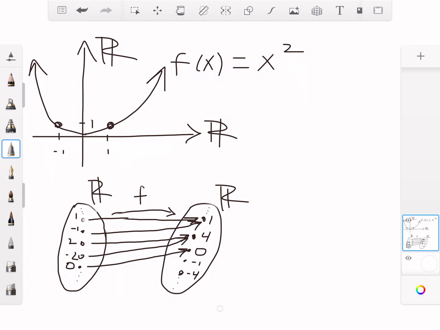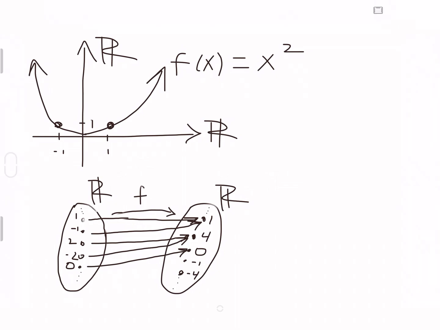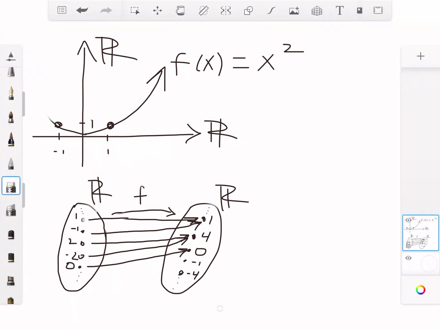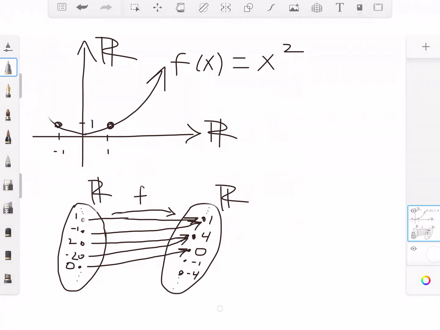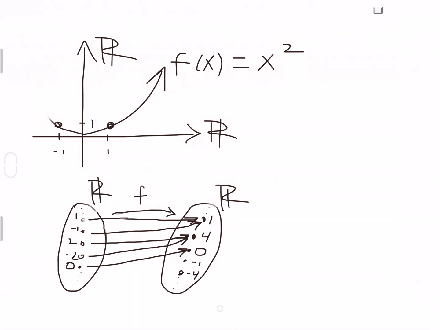Okay, let's do these other ones too. Okay, got 2 and -2. There's 4. 2 goes up.